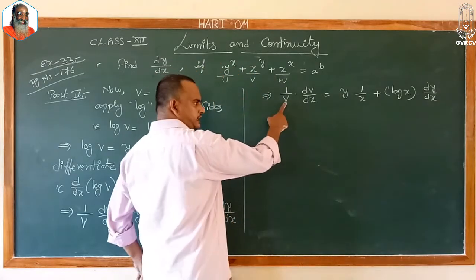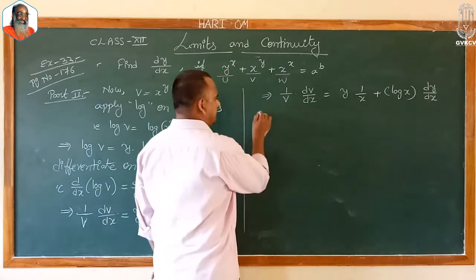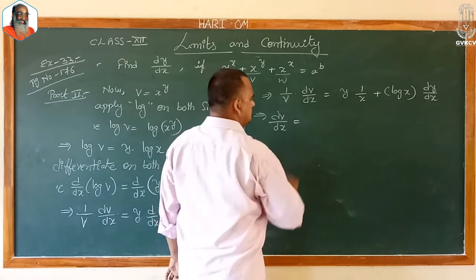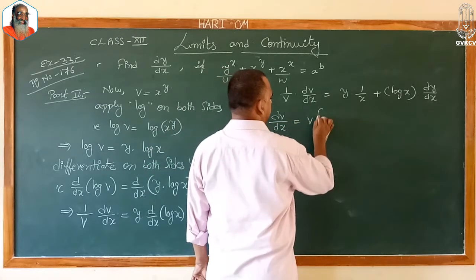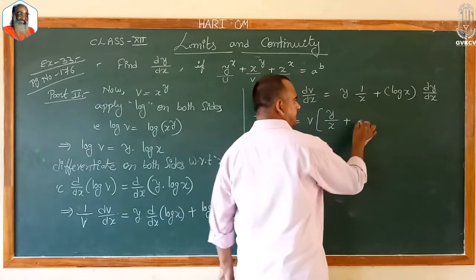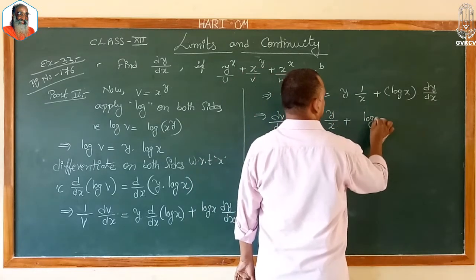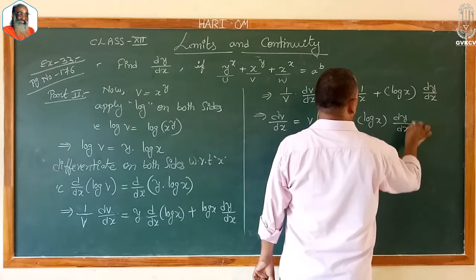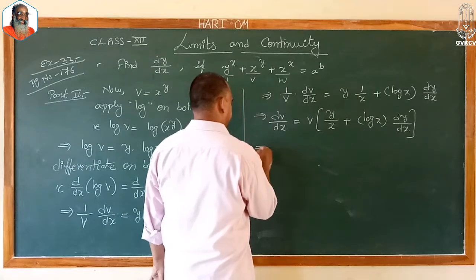Here v is divided, comes this side, multiply. That implies dv by dx is equal to v into y by x plus log x into dy by dx.